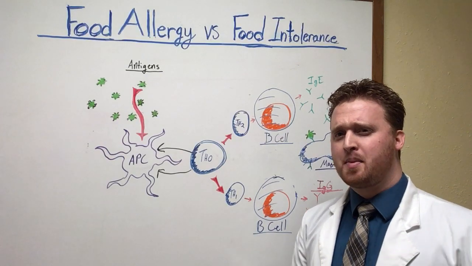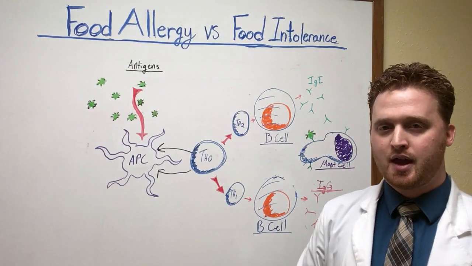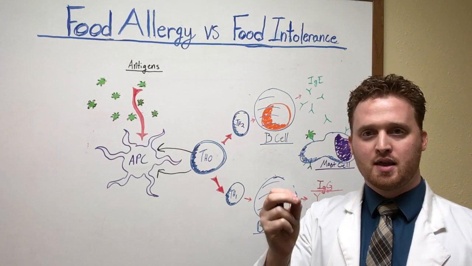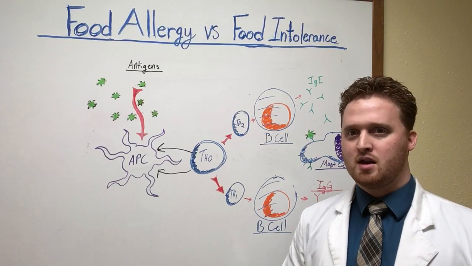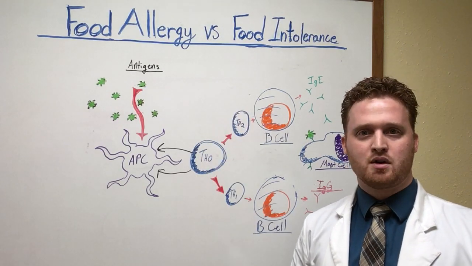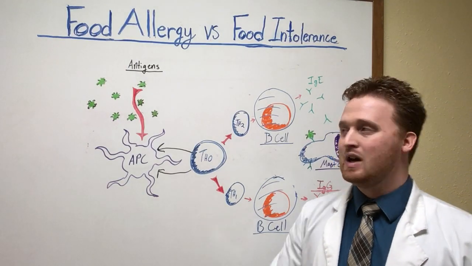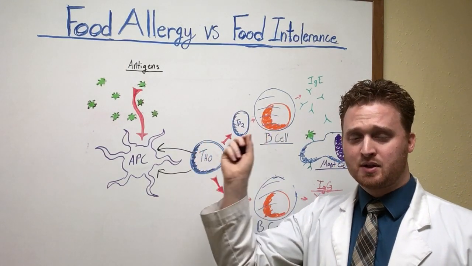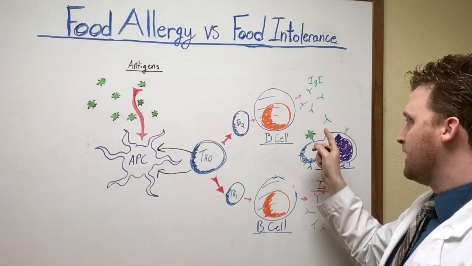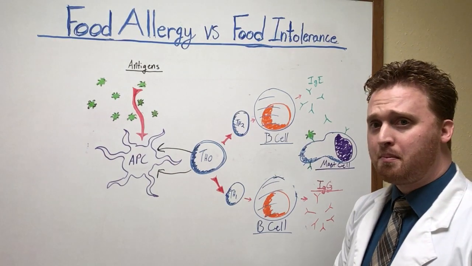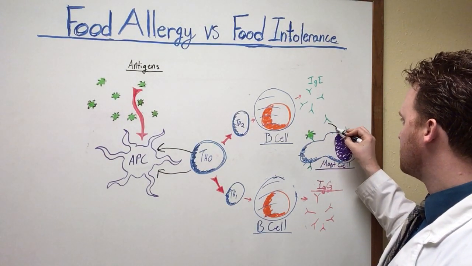Why is it abnormal? Because it will also bind to our mast cells. When the IgE binds to the mast cell, it creates a memory of that peanut or that pollen, any kind of allergen, as an invader. When it's reintroduced and we get presented with that peanut or allergen again, it will bind, because remember the IgE has already bound to the mast cell.